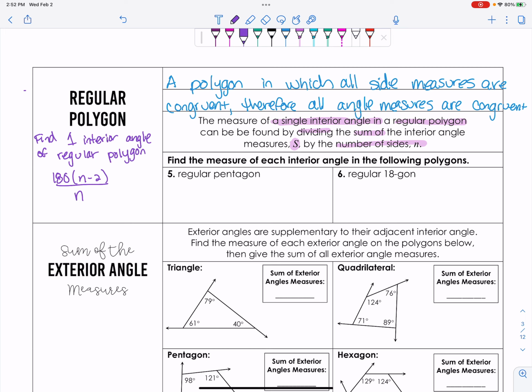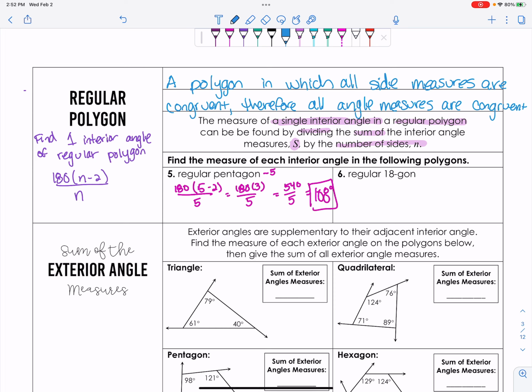So let's see what happens. In a regular pentagon, remember a pentagon has 5 sides, so I'm going to say 180 times (5 minus 2) over 5. It's going to give me 180 times 3 divided by 5, which is going to result in 540 over 5, which equals 108 degrees.